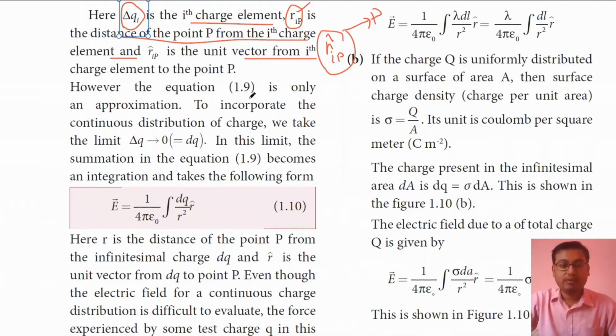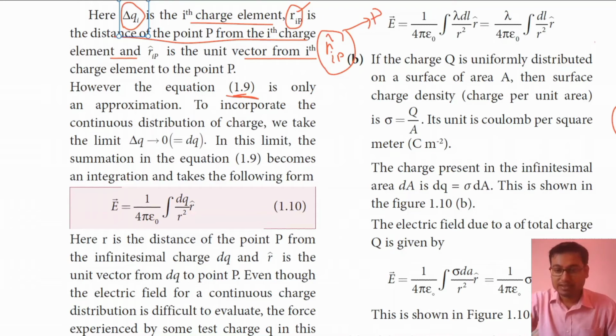However, the equation 1.9 is only an approximation. Suppose this is a three-dimensional ball. We have taken this region as delta q1, this as delta q2, this as delta q3. If we divide this region into a lot of small regions, even in that situation there will be a small gap in between the separations.